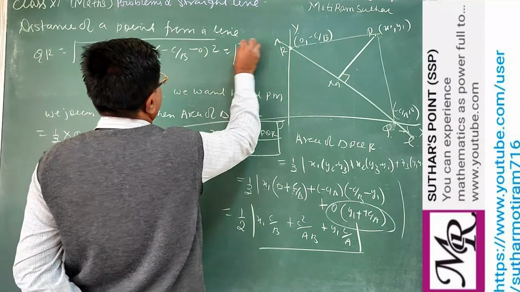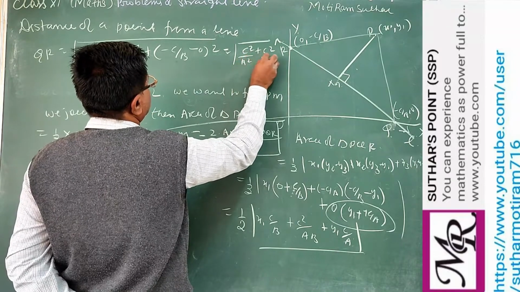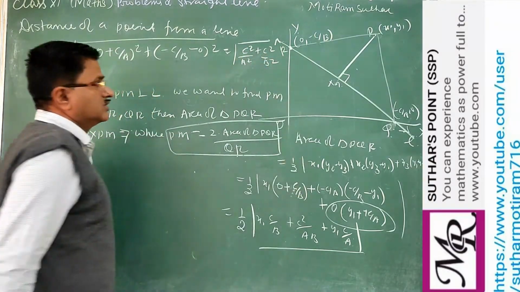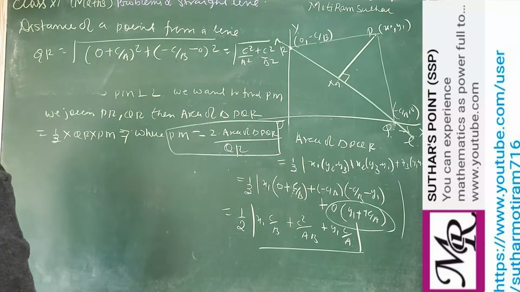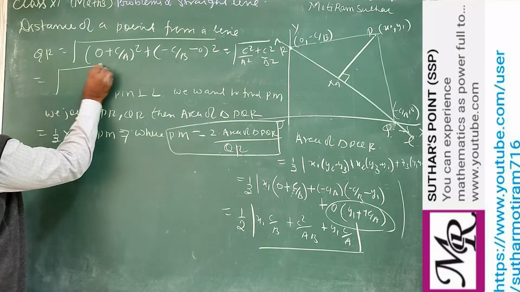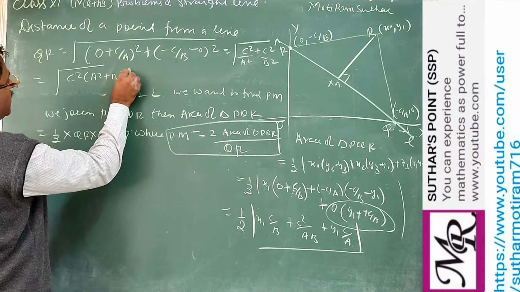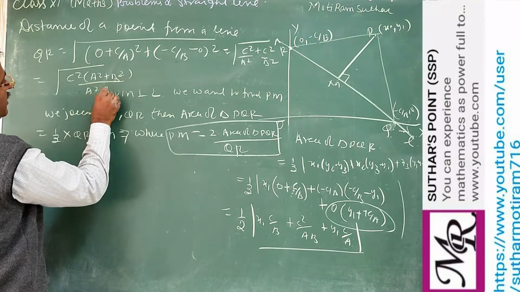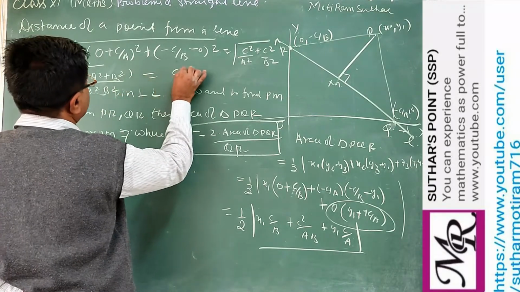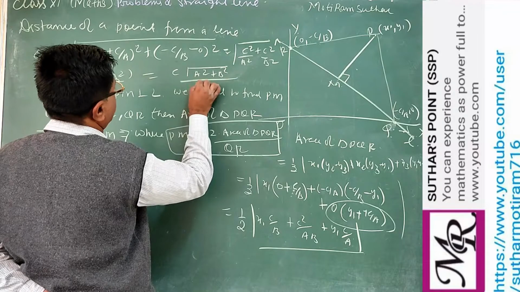If you solve this, it will be c square plus c square a square upon b square. So we get simply c square plus, then take LCM and simplify. What we get is c square into a square b square upon a square b square, or c root of a square b square upon ab.